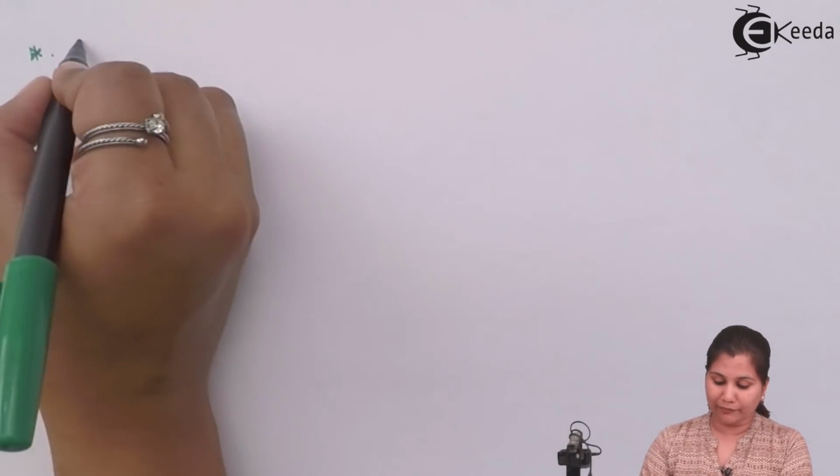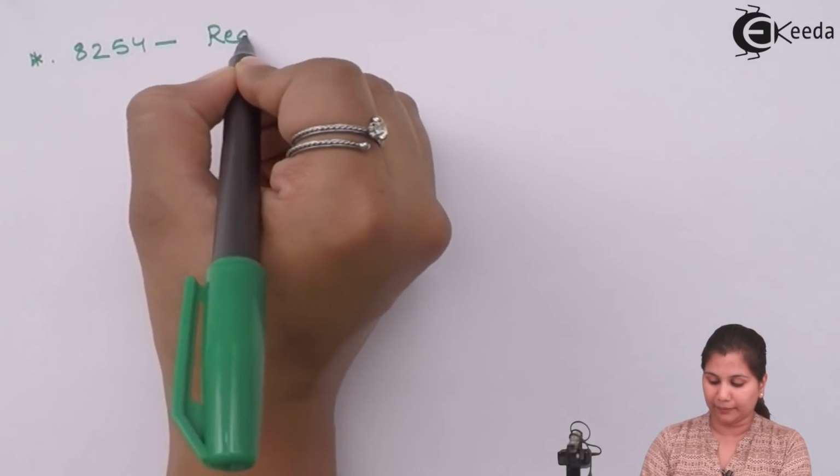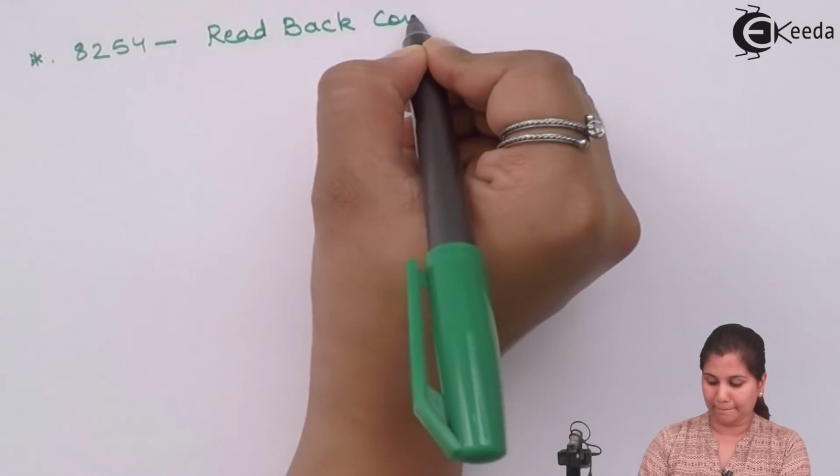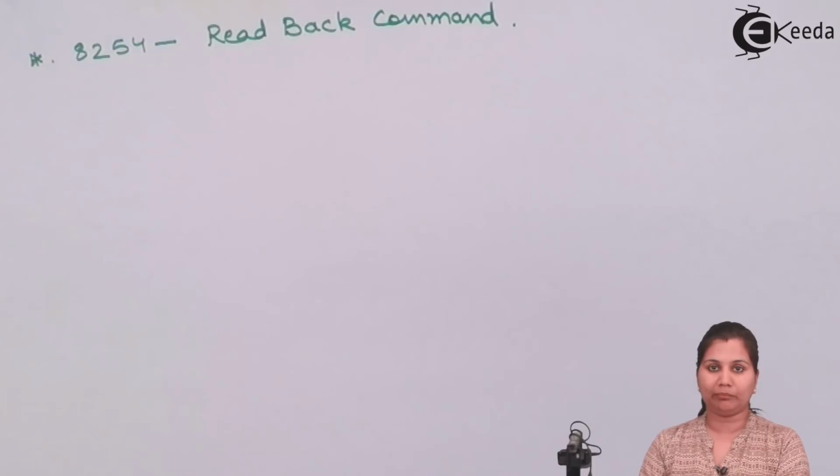Another feature of the 8253 and 8254 programmable interval timer ICs is that in the 8254 we have a command known as the read back command. In the 8253 and 8254 we have counters, which are initialized with a count value, and when this count value becomes 0, the counter has provided that specific time delay.